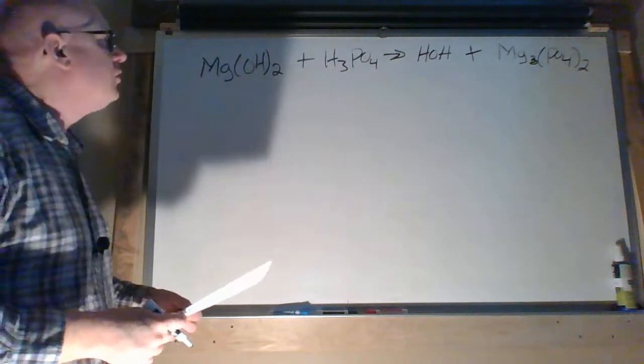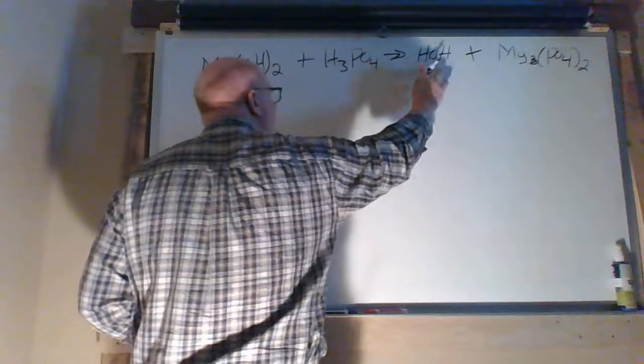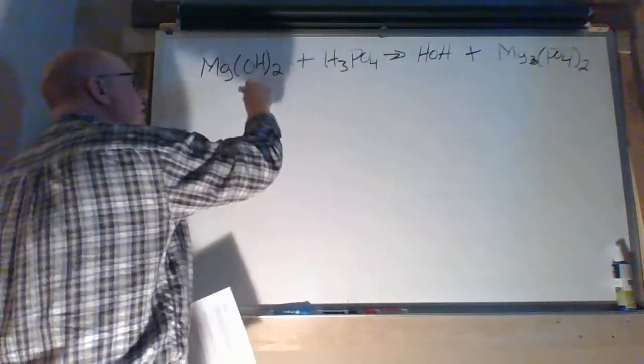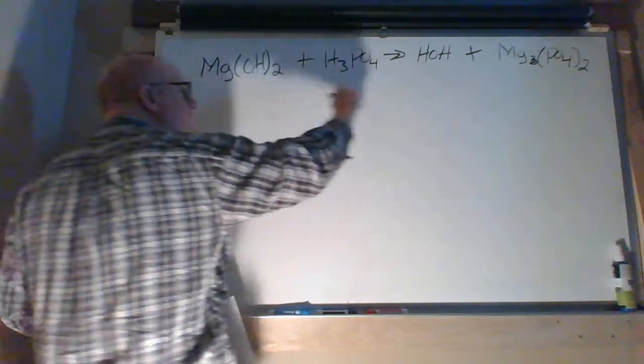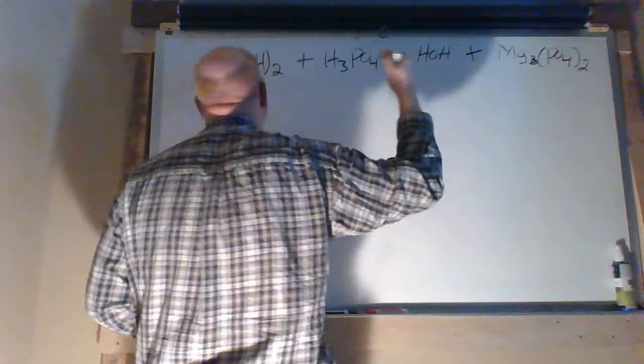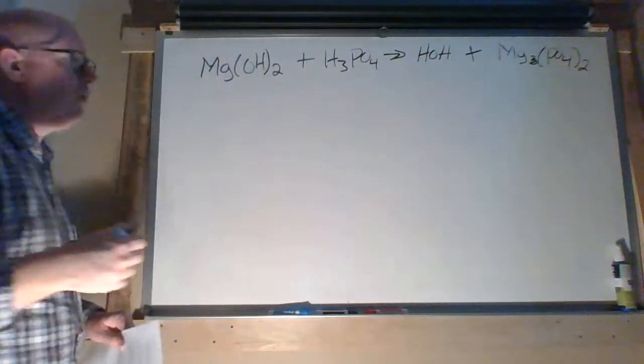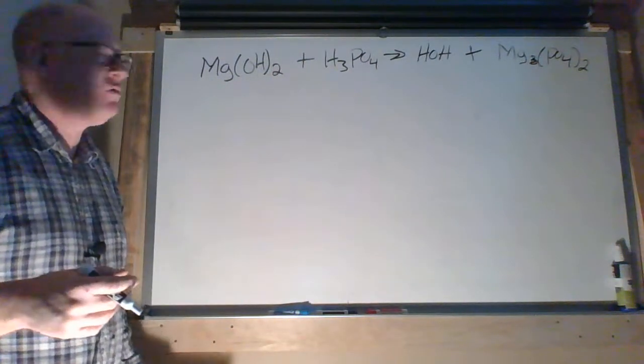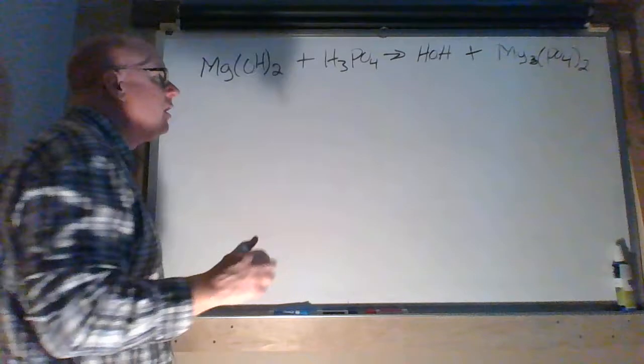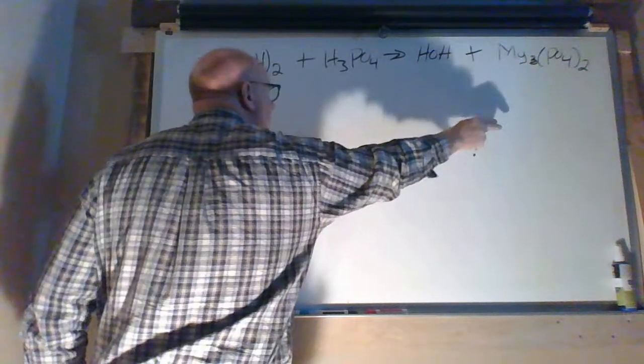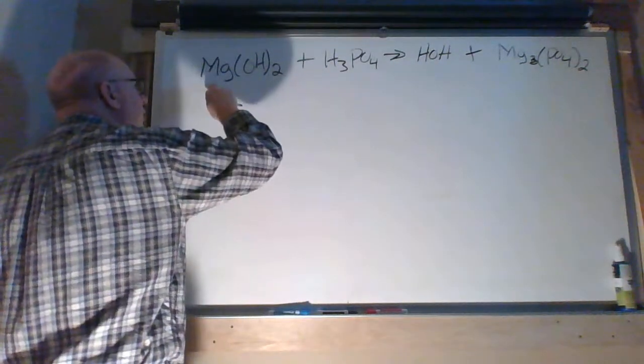Once we write it like this, it's probably going to help us out a lot because it says we've got 2 hydroxides here and only 1 over there. But keep in mind, the best place to start with these reactions is usually with a metal. We got 3 magnesiums on the right side and only 1 over here.